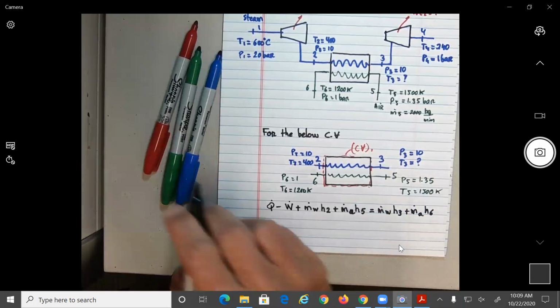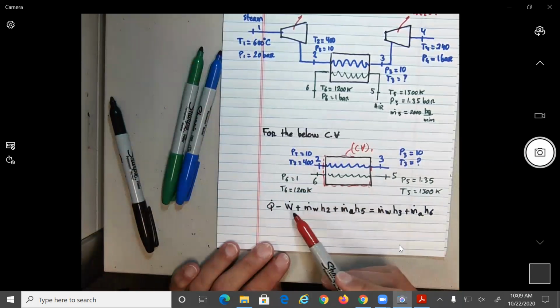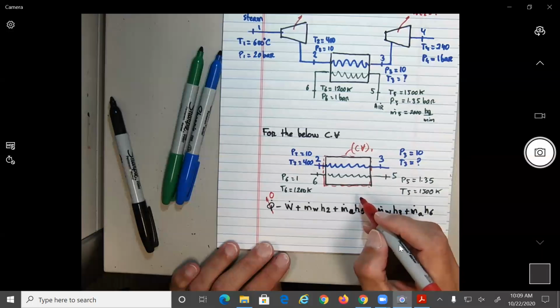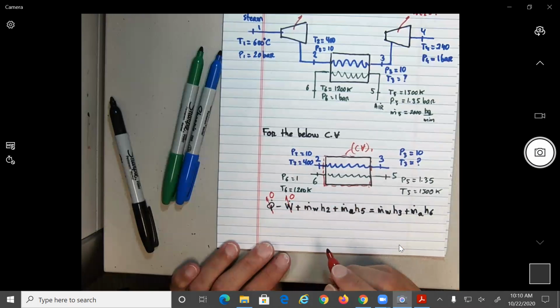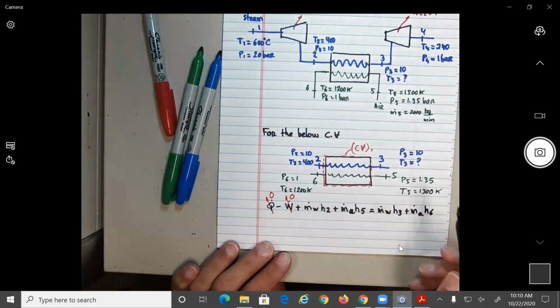Okay? So everything comes from the figure. Is there any heat on that figure? No, it's insulated, no? Does the heat exchanger require any work, any power? No.